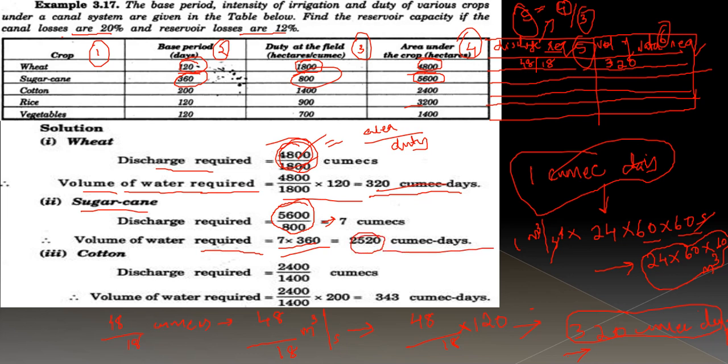Similarly, you have to calculate for cotton, then for rice and vegetables. When you do the problem, you should calculate it and write the values in this table also, so that the calculation will be easy. Because finally you have to take the total of these values you obtained for volume of water required.